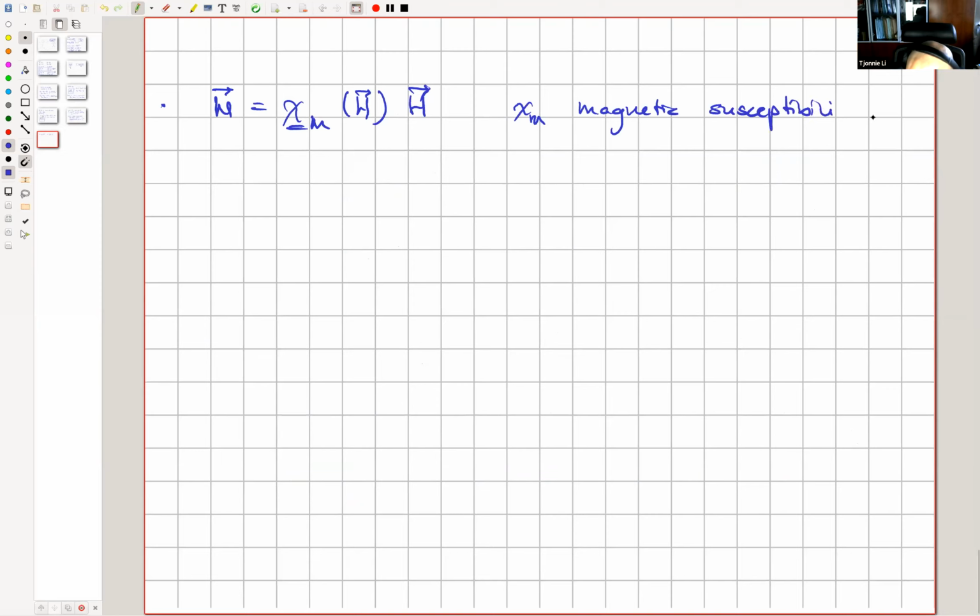Okay. And again, we can make this explicit assumption that chi M of H is just some constant chi M for linear and homogeneous materials.